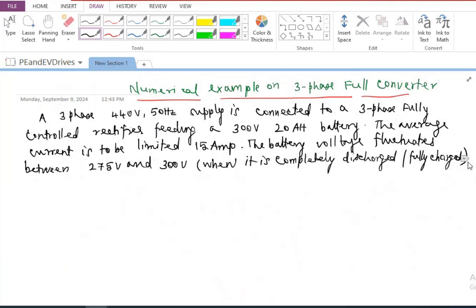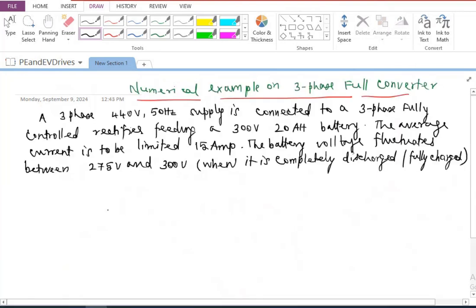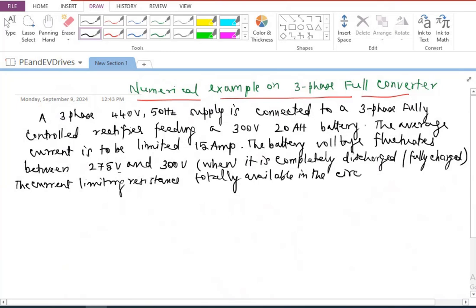Okay. Now, what is given further is that the current limiting resistance totally available in the circuit is 2 ohms.